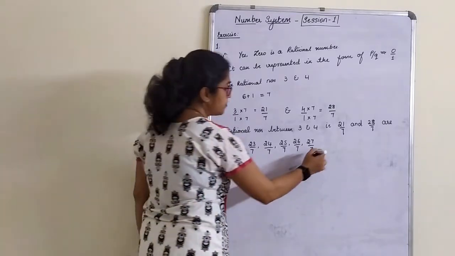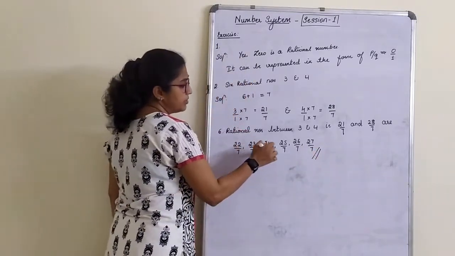This is the answer. Okay, how many? 1, 2, 3, 4, 5, 6.